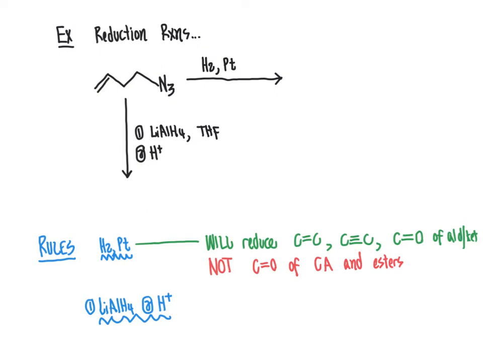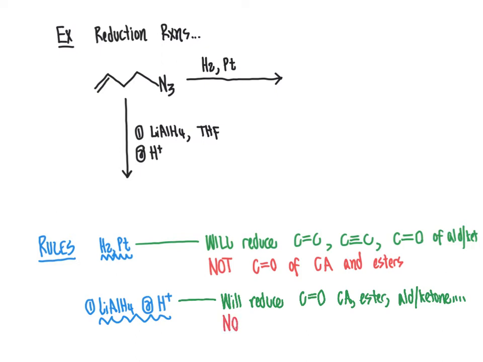So going on down the list then, for lithium aluminum hydride, to compare and contrast it with what will be reduced by hydrogen, lithium aluminum hydride will reduce the carbonyl groups of all sorts of molecules, carboxylic acids, esters, aldehydes, ketones, and pretty much anything else you could find along the way that would have a carbonyl group. It's a very strong reducing agent for carbonyl groups.